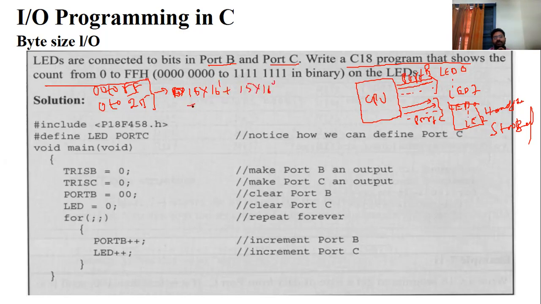What does that mean? The value of 15 into 16 is 240. 240 plus 15 is equal to 255. So that is the way you can convert hex to decimal.